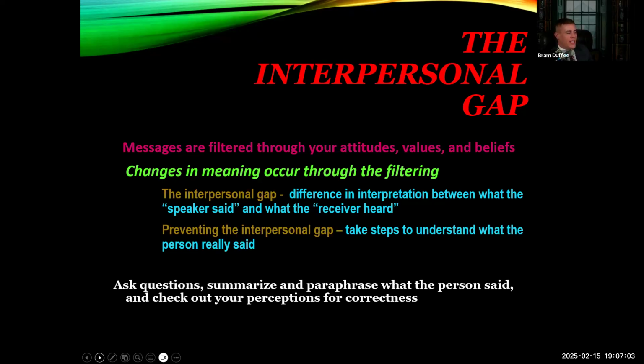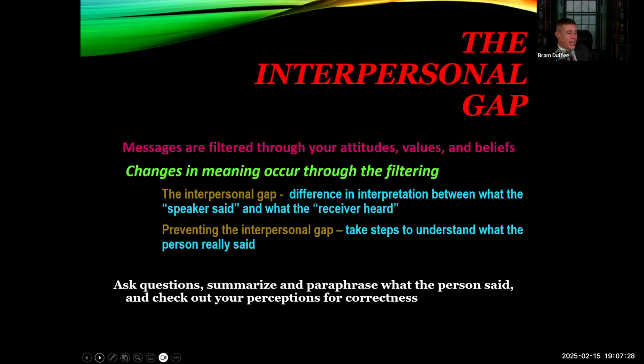The interpersonal gap occurs because communication isn't just about words. Messages are filtered through each person's unique attitudes, values, and beliefs, and these filters act like invisible lenses. They color how we interpret what we hear and shape what we say.